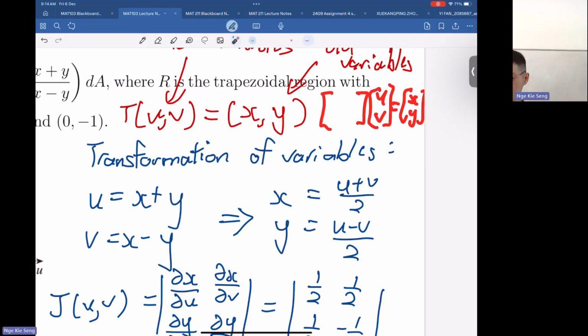If you are given these two equations here, can you figure out the matrix that you multiply to (u, v) such that you get (x, y)? What's the matrix you get? Where's the minus 1 over 2? The last one? Okay.